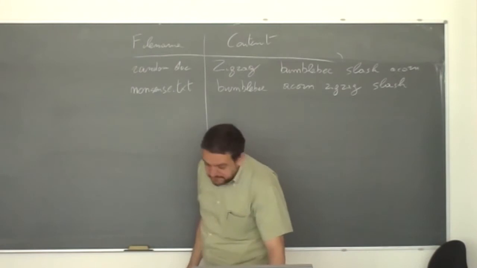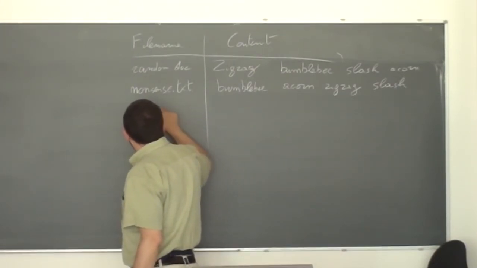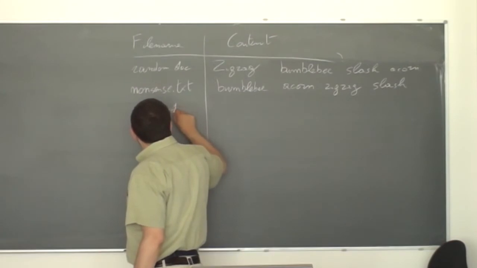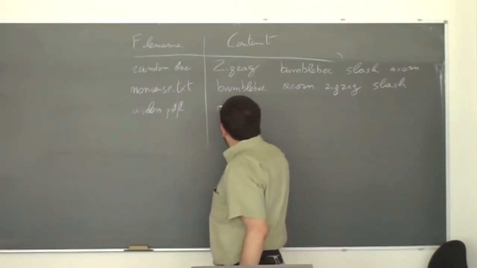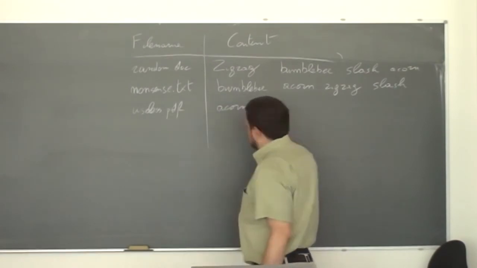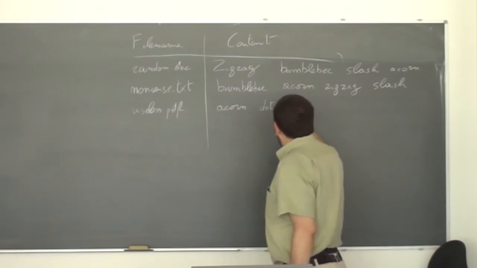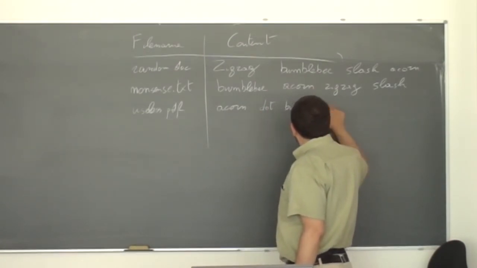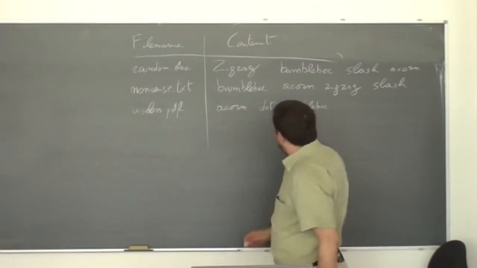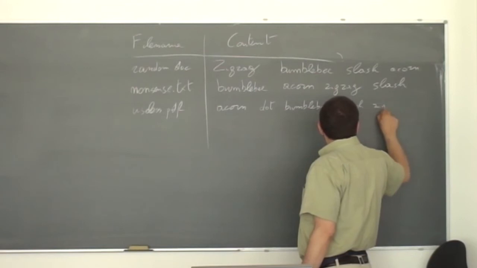The third file, useless.pdf, contains the words acorn, dot, bumblebee, slash, and zigzag.